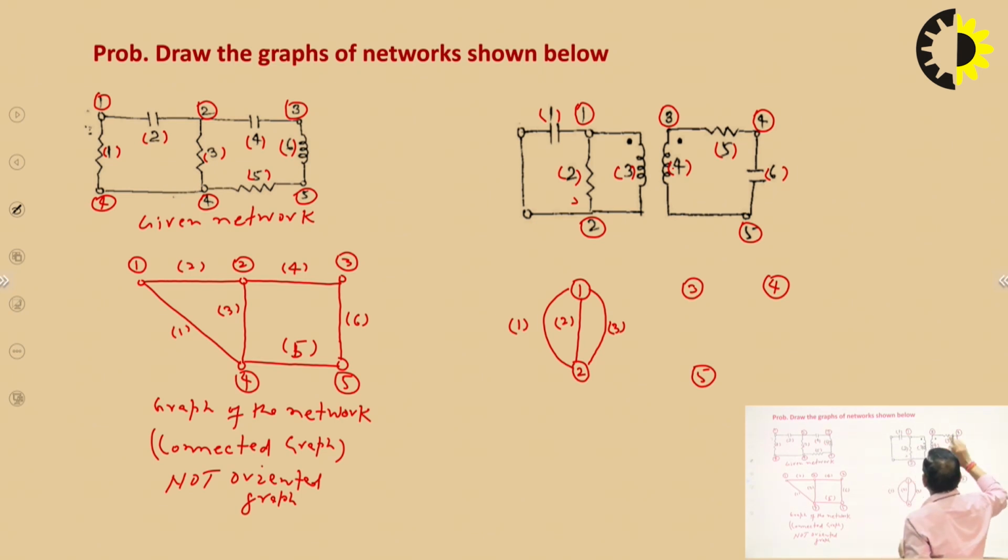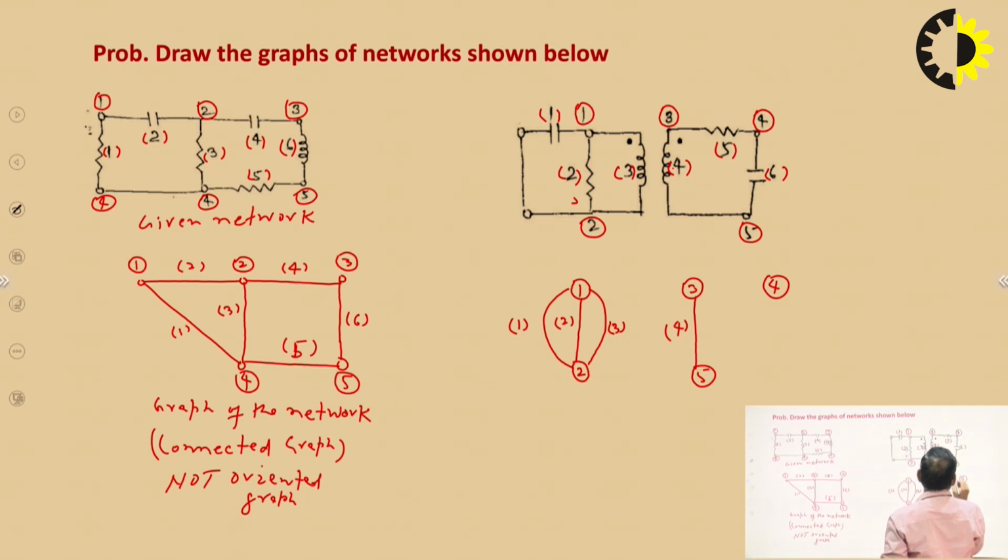Now there is no connection between 1 and 2, 1 and 3, and no connection between 2 and 3. So we can see that branch number 4 is in between 3 and 5. So it is branch number 4.